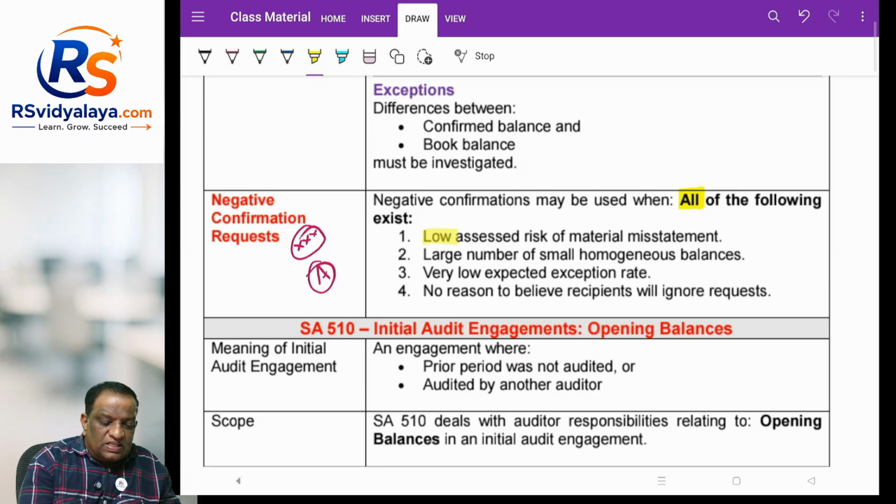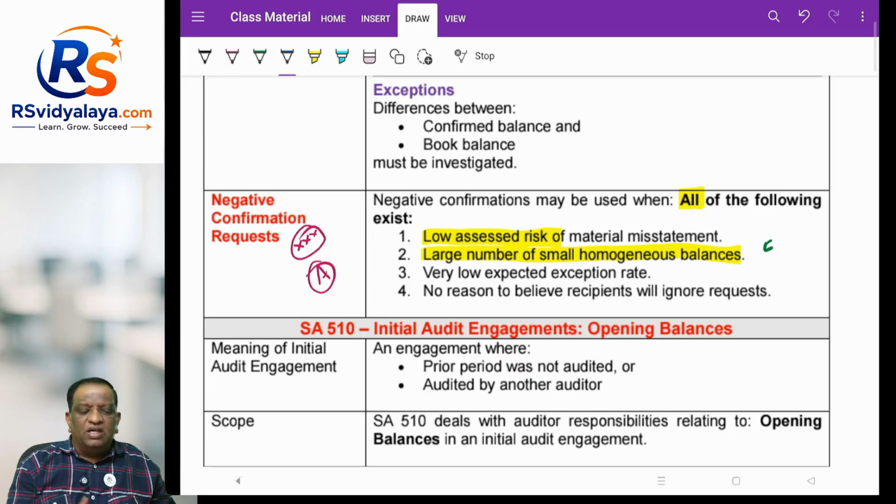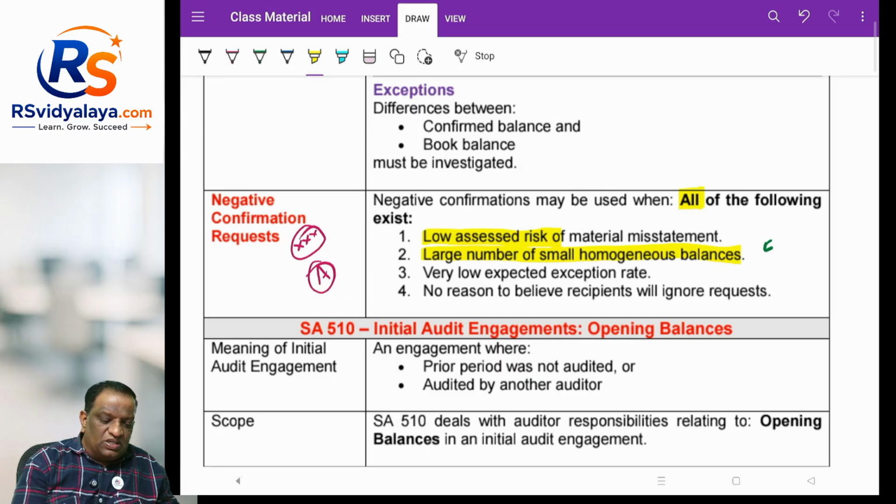Low assessed risk, that is, the risk of material misstatement is low, and a large number of small balances. Indirectly you are talking about the C category items in the ABC analysis, like packing material and these kinds of items. So the number is large but the value is small. Then for C category items, negative confirmation would be sufficient.